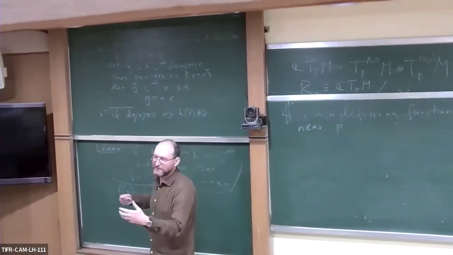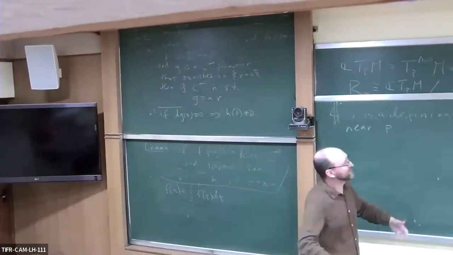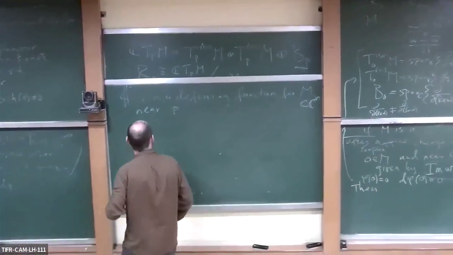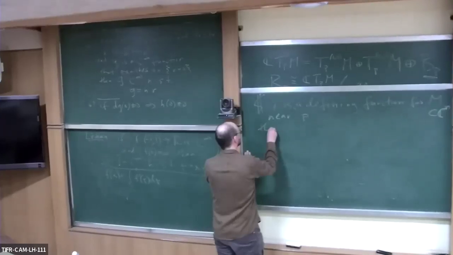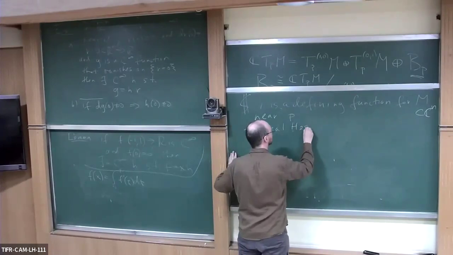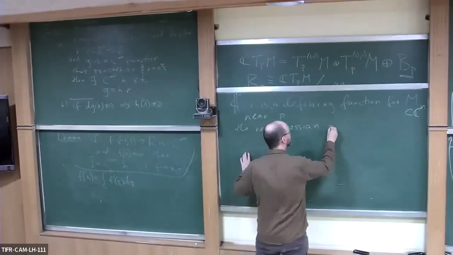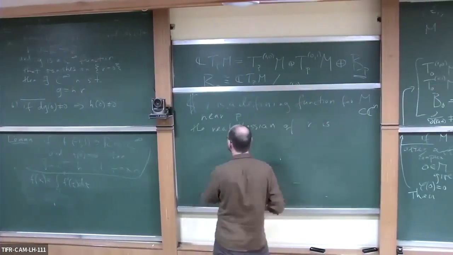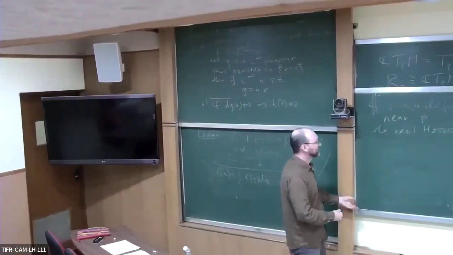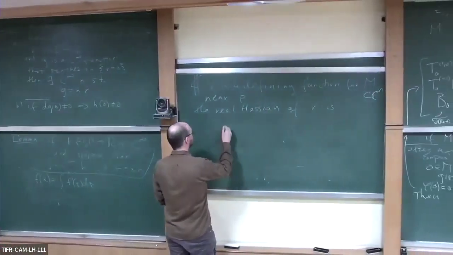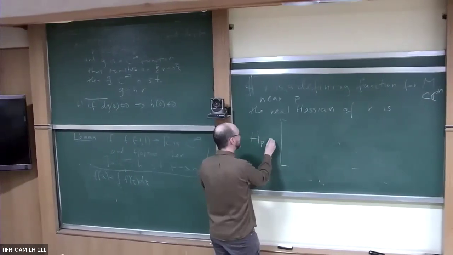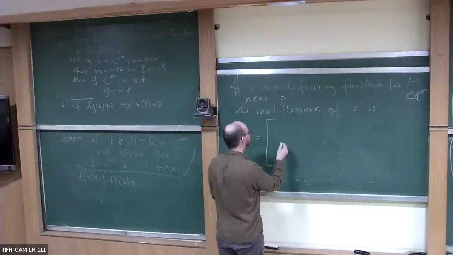And if I change variables, it's better. So I'm going to change variables to use a different basis. I'm going to use the basis of the Z's and Z bars, right? And the real Hessian of R is, everything is of course evaluated at P, but I'll write the evaluation at P afterwards, because there's a lot of derivatives now.